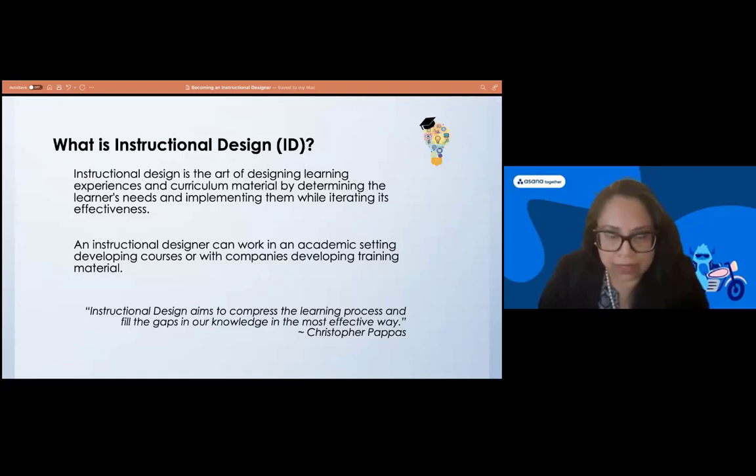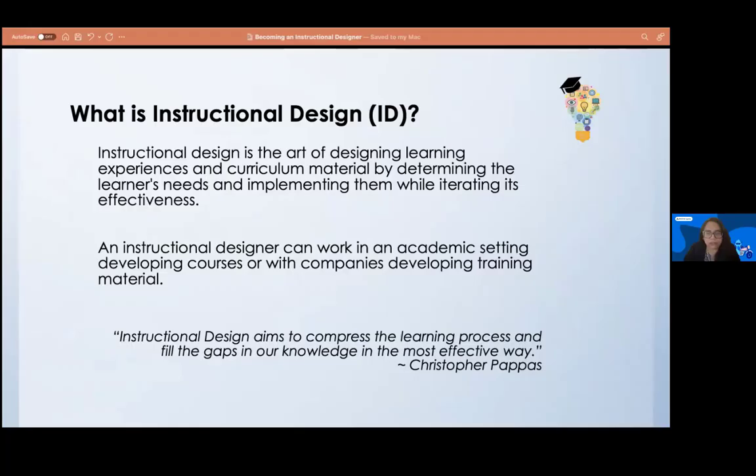As Chris Pappas says, instructional design aims to compress the learning process and fill the gaps in our knowledge in the most effective way. So instructional design is not just about making curriculum and presenting it to our students, but making sure that the knowledge is understood.